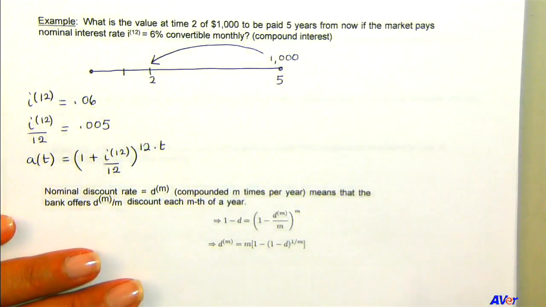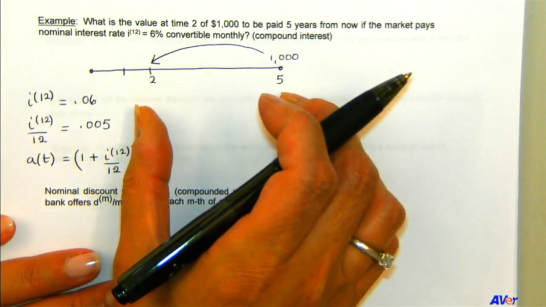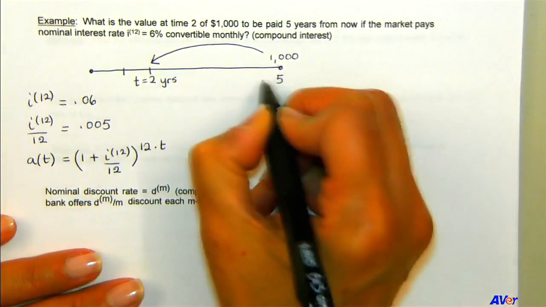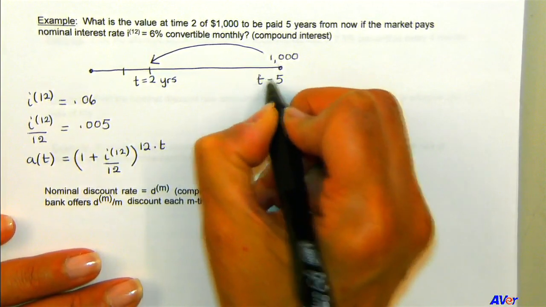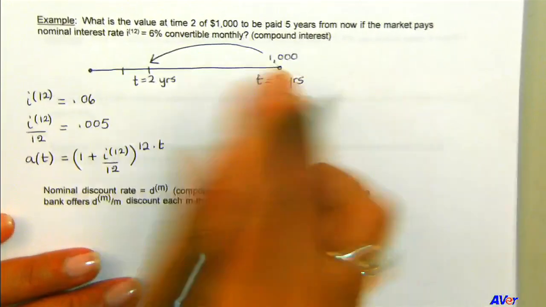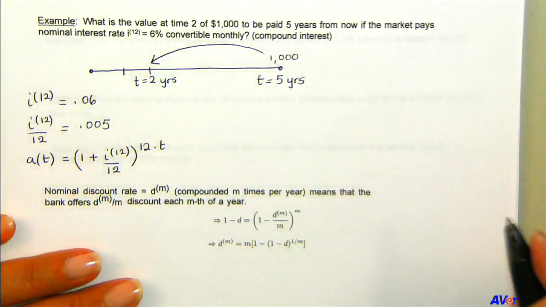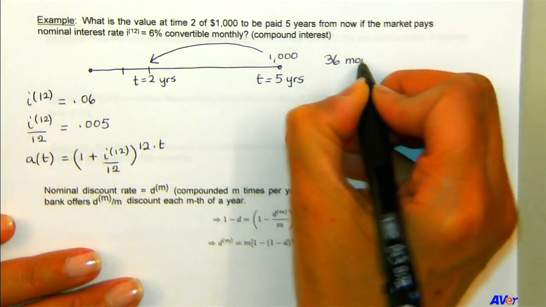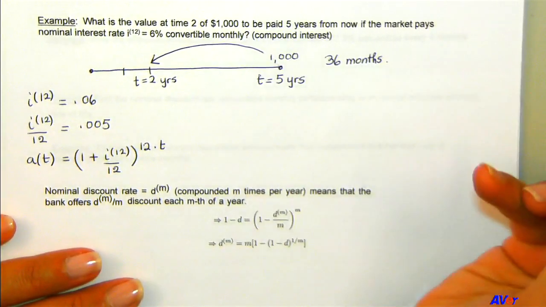How many months between time t equals 2 years and t equals 5 years? 36 months, right? And I just have to discount 36 months.